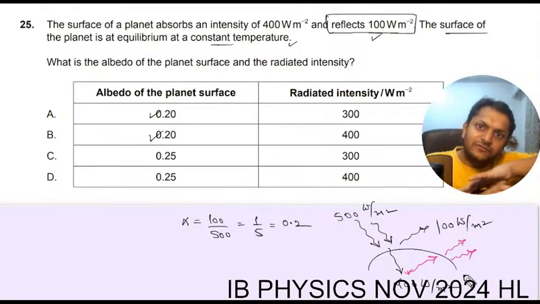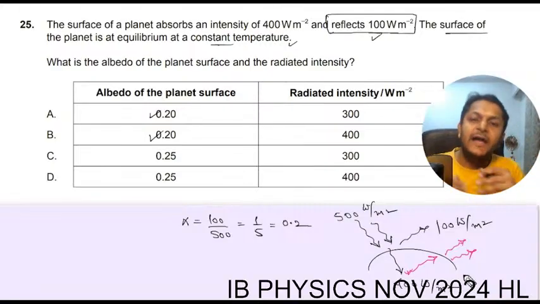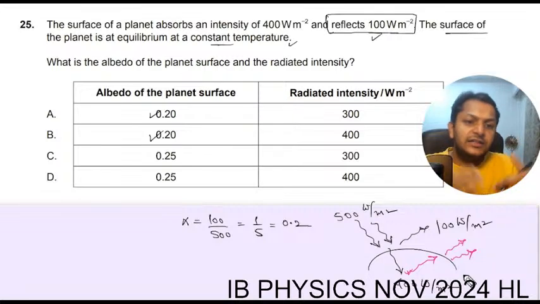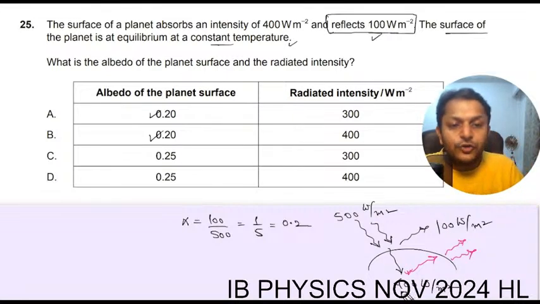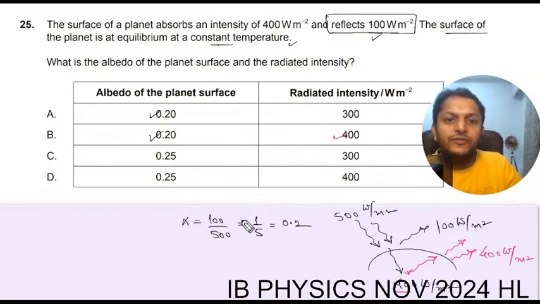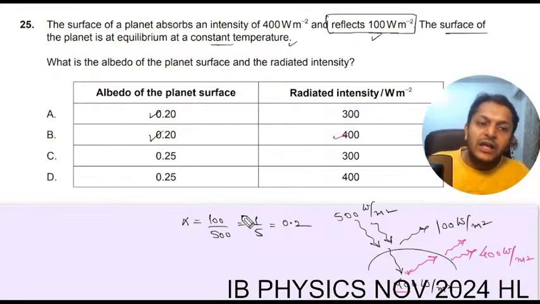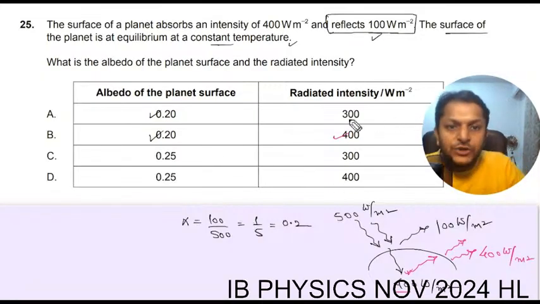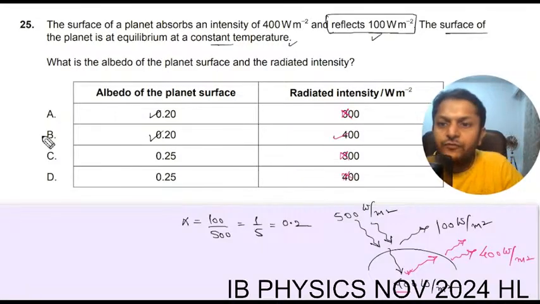So the surface where it is night, at that time it is emitting energy from that part. So we can say that the energy balance is maintained. The total amount of energy which was absorbed has to be given out, so the radiated amount of energy will be 400. The other option is 300, which is clearly not the case. So there is no doubt that our answer will be B.